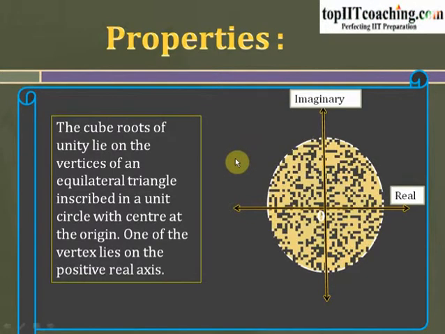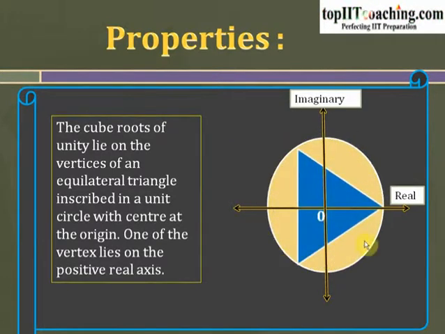Now let us say that we have a circle with center at origin and radius equal to 1. So this is a unit circle with center at the origin. Now we have drawn an equilateral triangle, and the 3 roots, that is 1, omega and omega square, would lie on the vertices of this equilateral triangle, which is inscribed in a unit circle with center at origin.